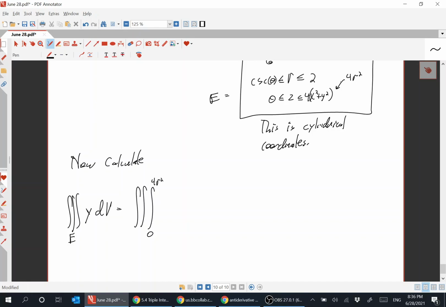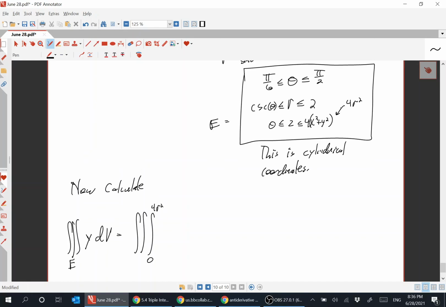It doesn't matter, because when you calculate it, you're still going to have to convert x and y to polar coordinates. So you can do it right at the beginning, or when you need to. And then r goes from cosecant theta to 2, and theta goes from pi over 6 to pi over 2.